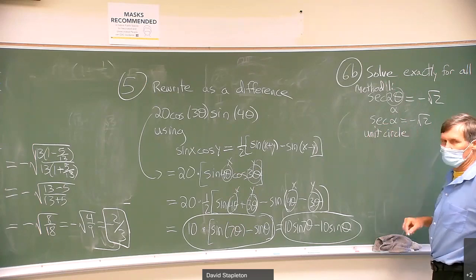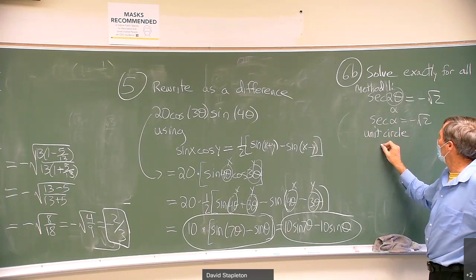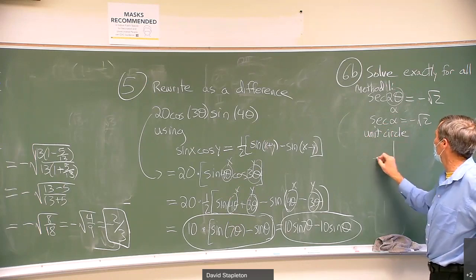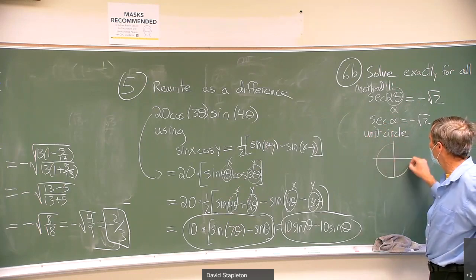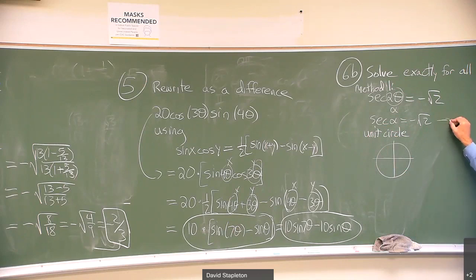Even if it's not a special angle, you can still get the exact solution in terms of inverse trig functions, right? So I'm going to solve secant alpha equals minus square root 2 on the unit circle. Uh-oh, how do I do that? Secant isn't the x or y coordinate. If you got secant or cosecant, rewrite it with reciprocals. If these two are equal, their reciprocals are equal.